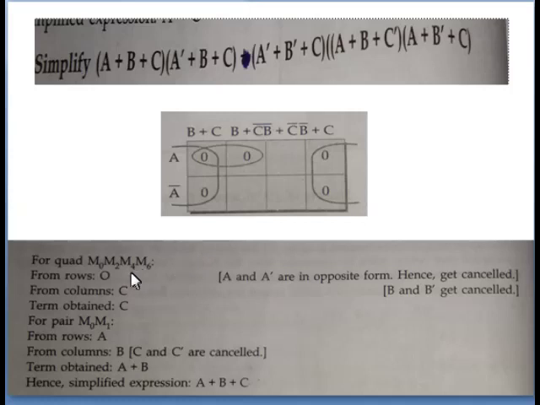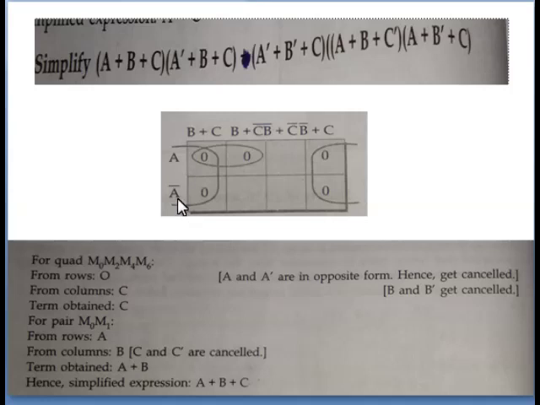So from the quad M0, M2, M4, M6, these are the cell numbers. In the rows, A and A bar, the variables are opposite, so it gets cancelled. In sum of product form, if 2 terms get cancelled, we get 1.